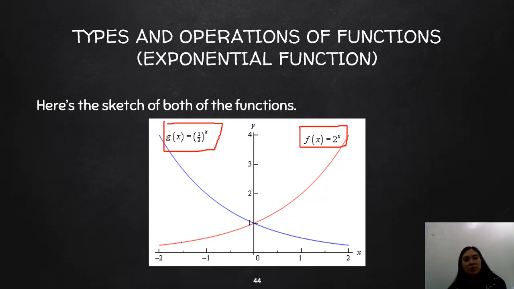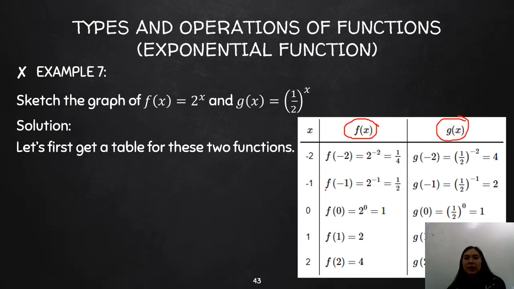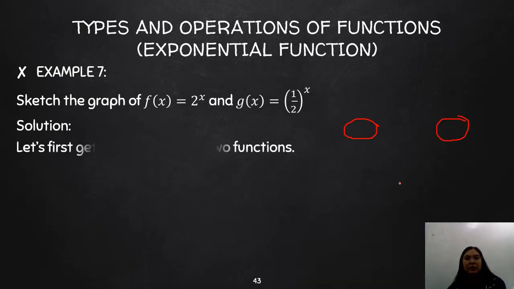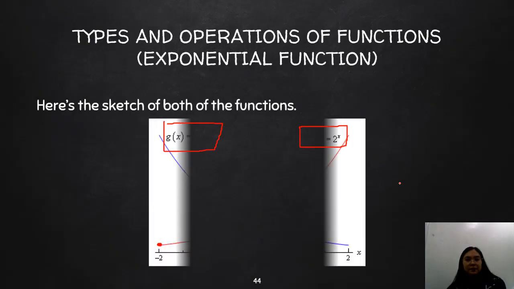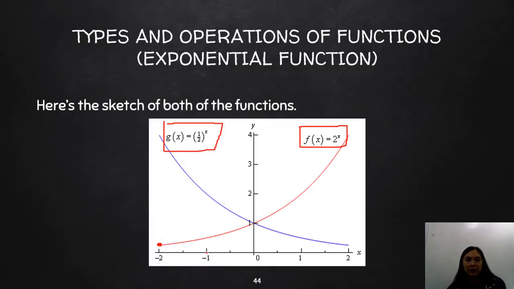So, mag-start siya, tapos pag-ganon. So, this is the first point. Tapos, dun sa second point naman, at -1, the value of your y is 1/2. At 0, the value of y is 1.